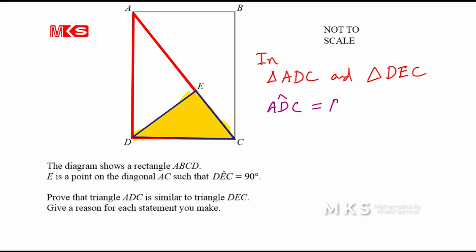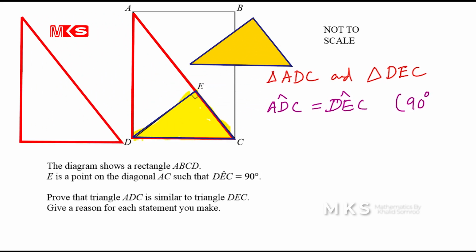Angle ADC is equal to angle DEC. Both are 90. It is given ABCD is a rectangle, so ADC will be 90 as well. This is the corner of the rectangle, both 90.